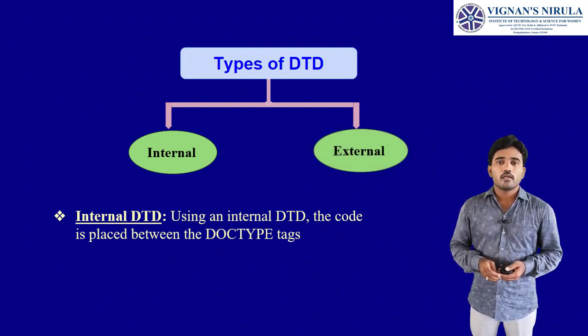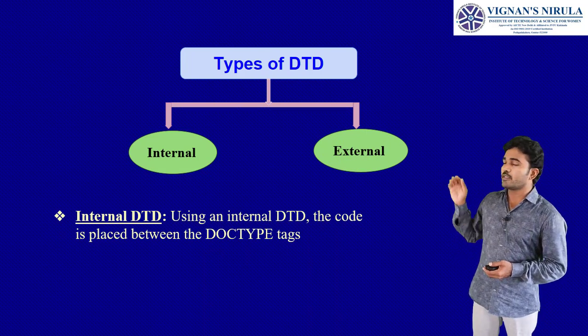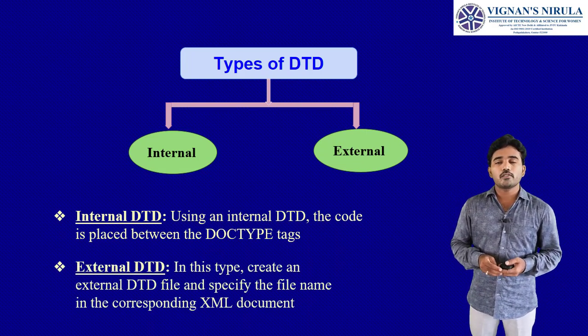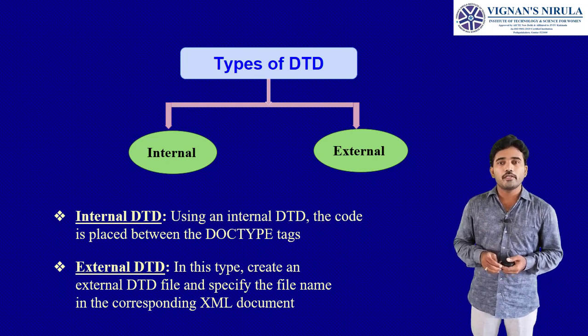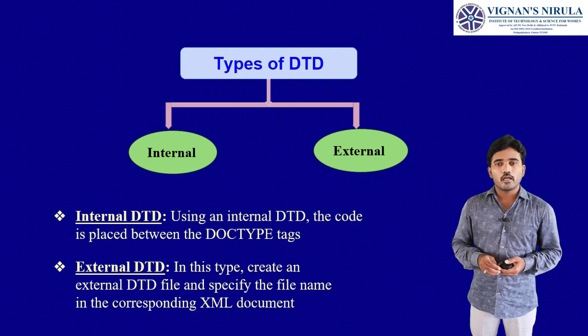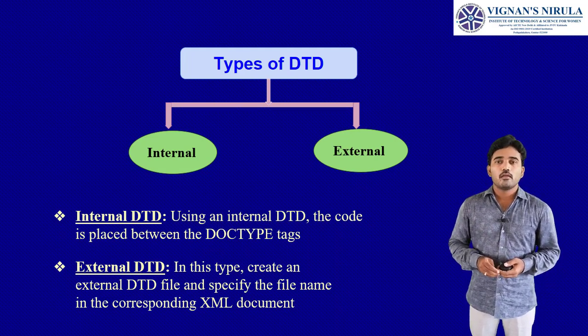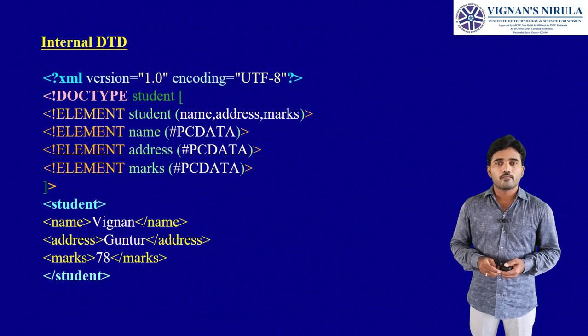Remember that. And coming to the external DTD, whatever DTD you want to write, you must place in an external file and save that file with the extension .dtd. There you need to specify the file name in your corresponding XML document.